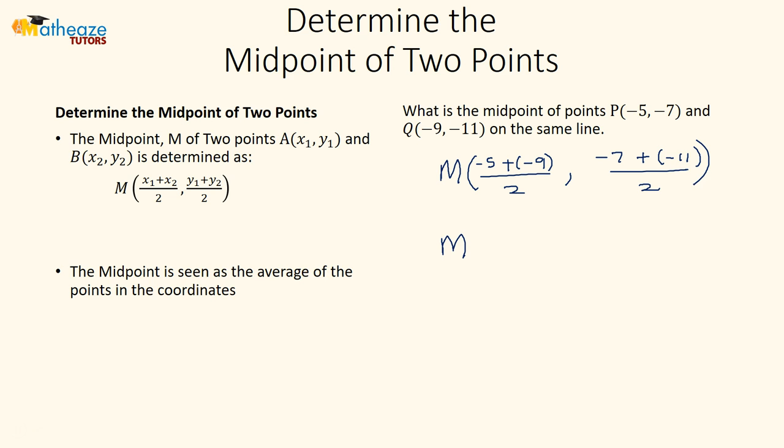So the coordinates of M, negative 5 plus negative 9 is negative 14 divided by 2 is going to give us negative 7. Negative 7 plus negative 11 is going to give us negative 18 divided by 2 should give us negative 9.